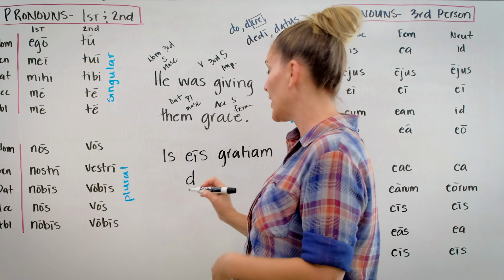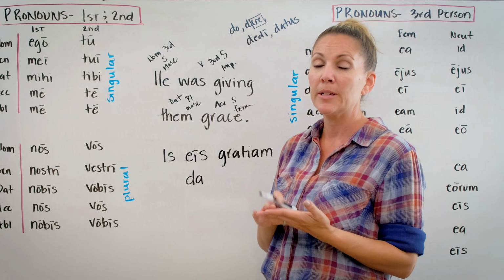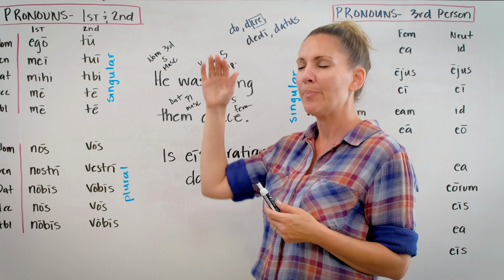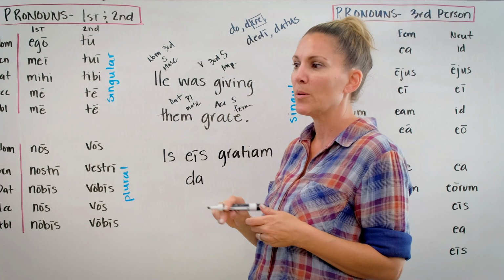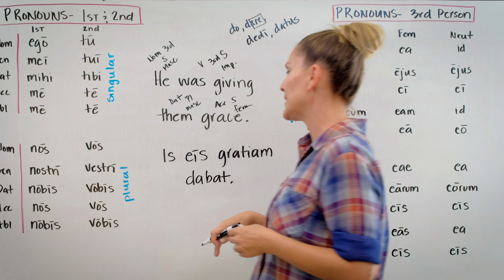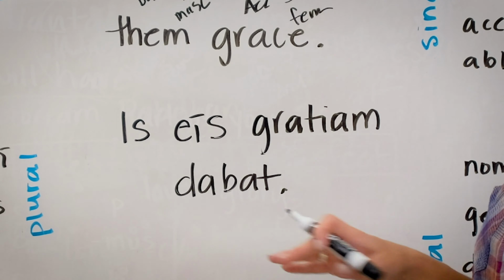I'll put in my conjugating vowel, which is an a. And then I need a third person singular imperfect ending. So if I run through my imperfect endings, bam, bas, bat, bamus, batis, bant, third person singular would be bat. So that sentence would look like is, eis, gratiam, dabat.